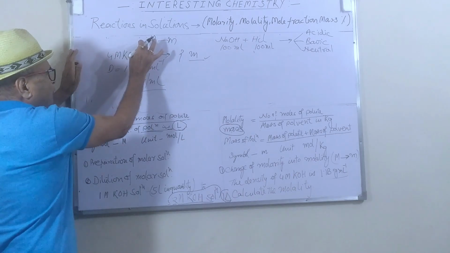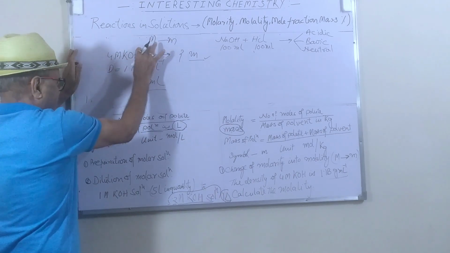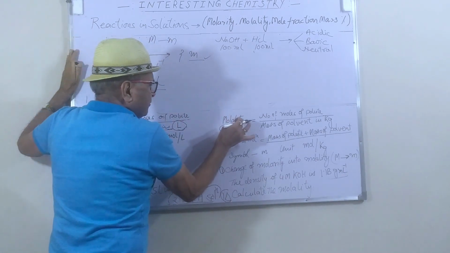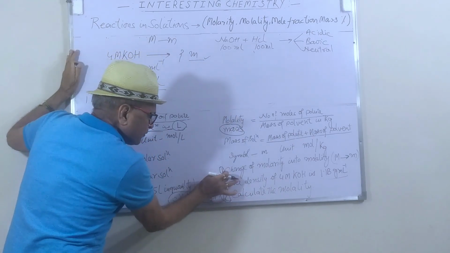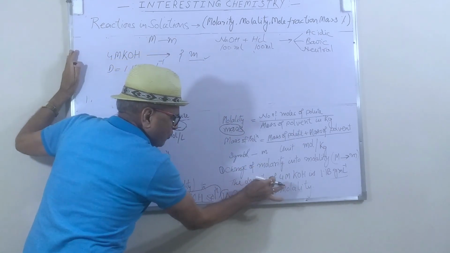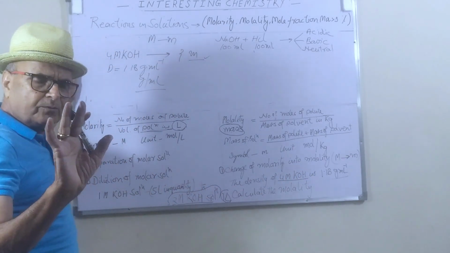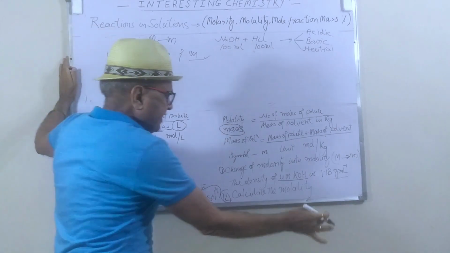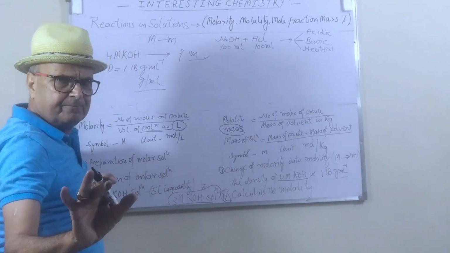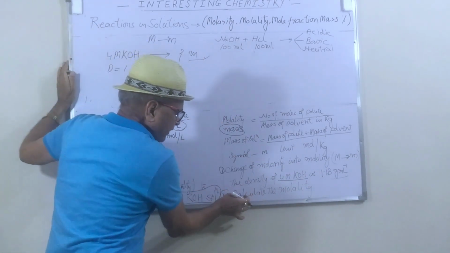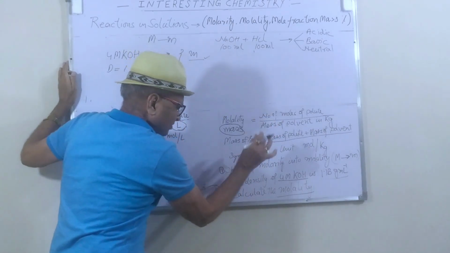Here I am going to explain how to change molarity into molality. The molarity and the density of the solution are given. So how do I calculate the molality of this solution?